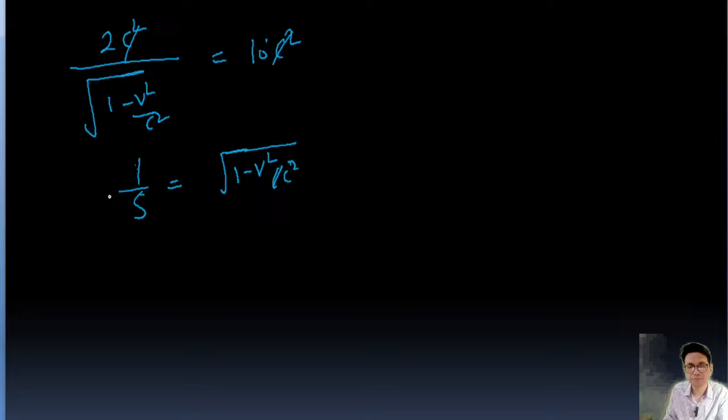From here we square both sides. So 1 upon 25 equals 1 minus v square upon c square.